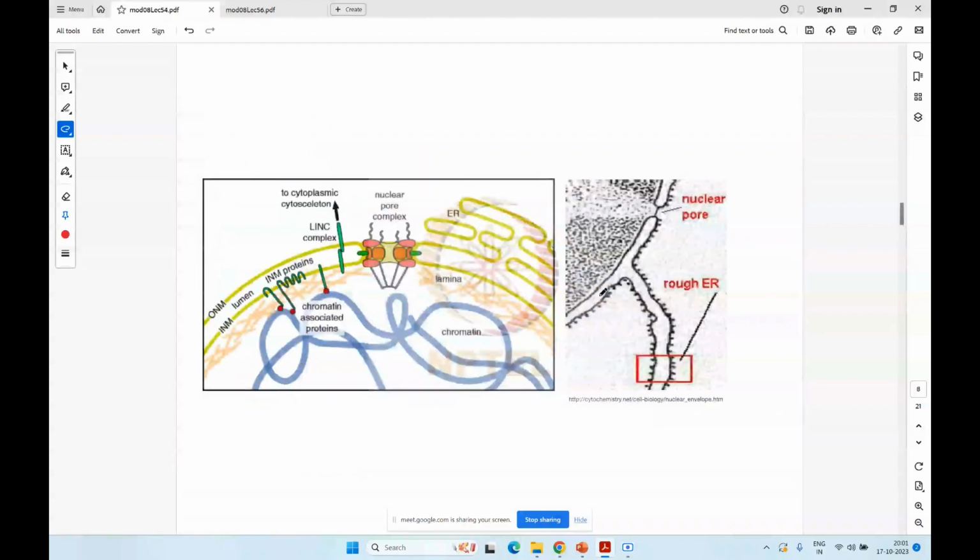If you remember this image, this is the outer nuclear membrane, and this is the ER. These two are continuous.